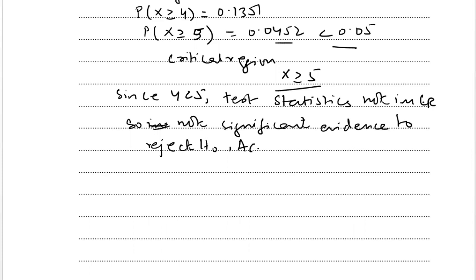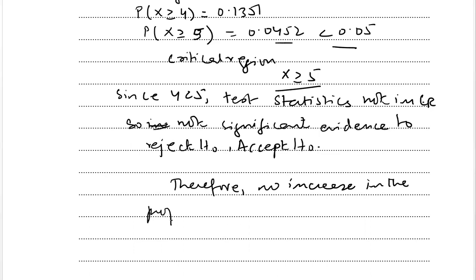So we accept H naught. Therefore, there is no increase in the proportion of center cars. One mark for this, one for this, and this working of 1 to 2 marks.